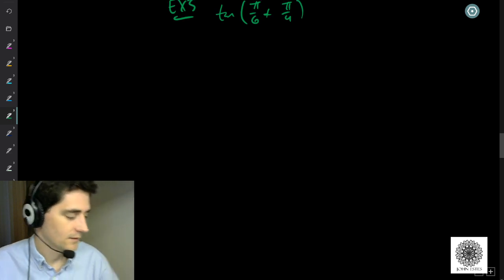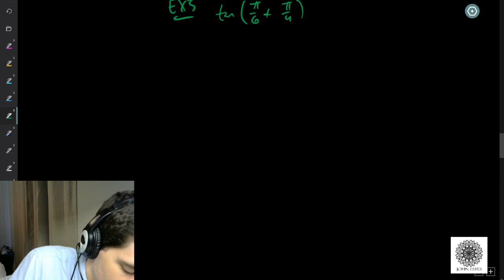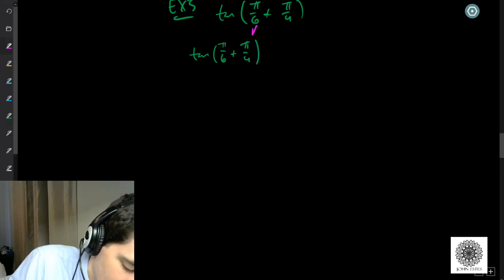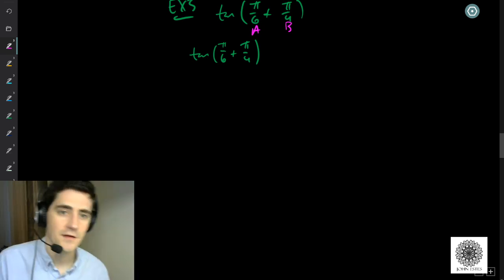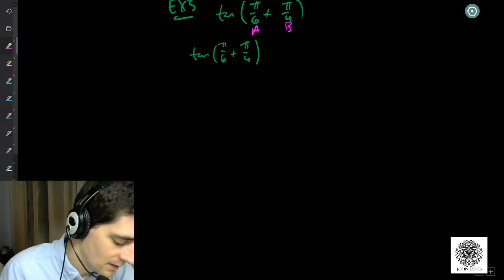Okay, now this is a tangent A plus B situation. So that means I'm going to have to just apply that identity, and we do have to remember them. And just for the sake of our discussion here, pi over 6 is A, pi over 4 is B.